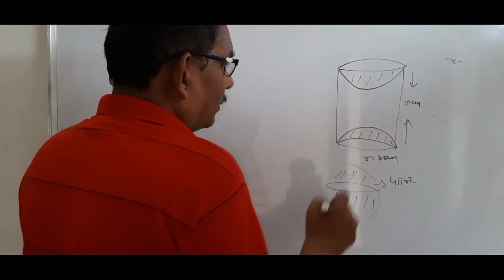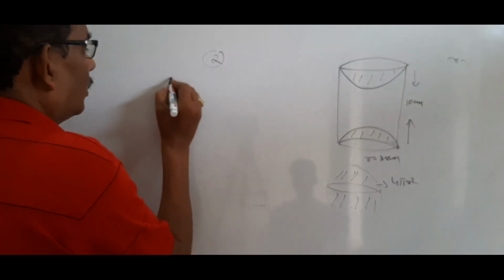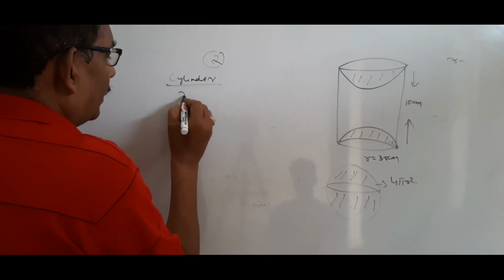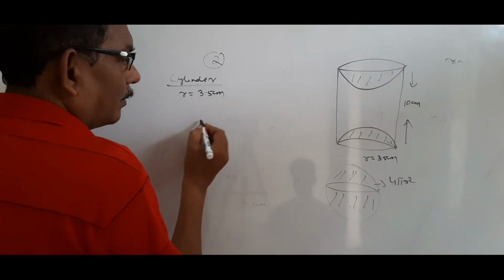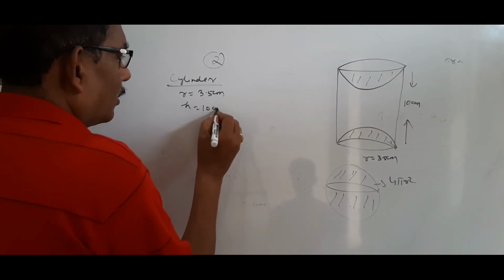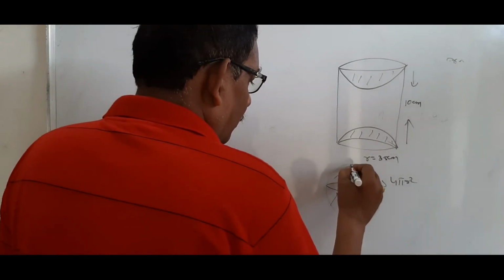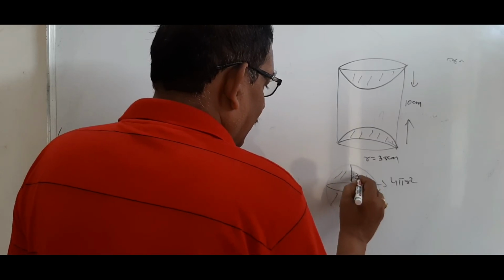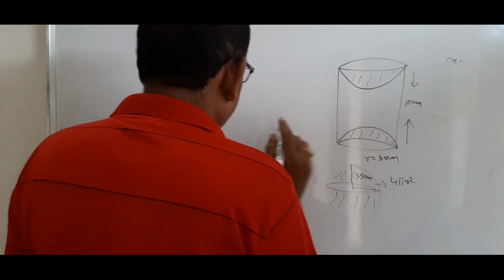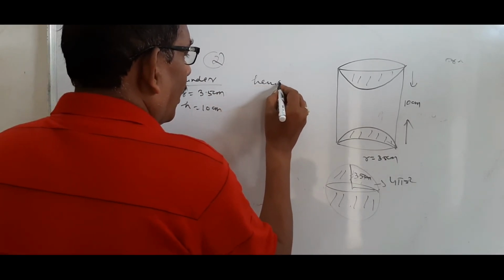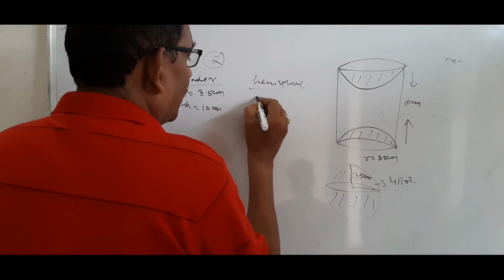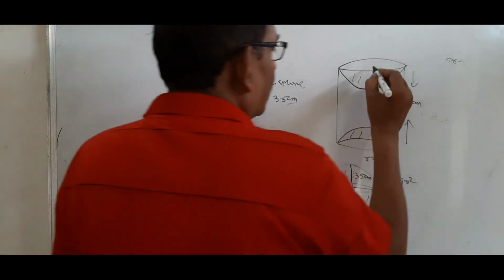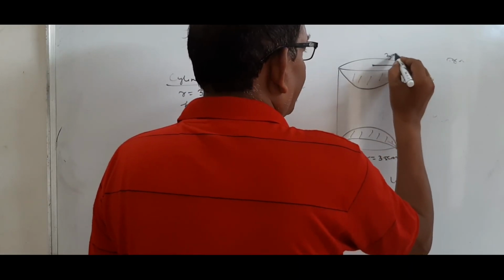For the cylinder, r is equal to 3.5 centimeter, height is 10 centimeter. For the hemisphere, the radius is also 3.5 centimeter.